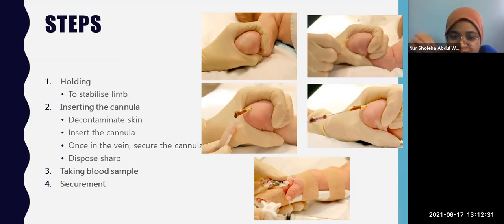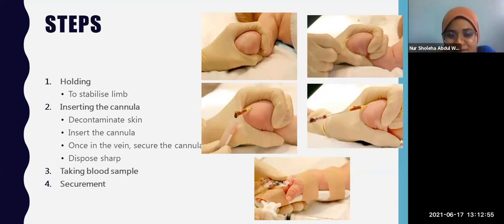Then we advance the needle and cannula slowly. Since we use a small vein, the flashback usually may not occur. But once we are confident that the cannula is already in the vein, we can advance the needle and cannula slowly, further about 2 to 3 millimeters along the line.